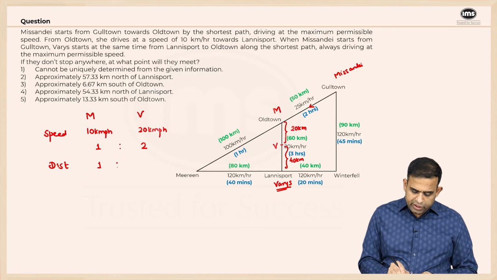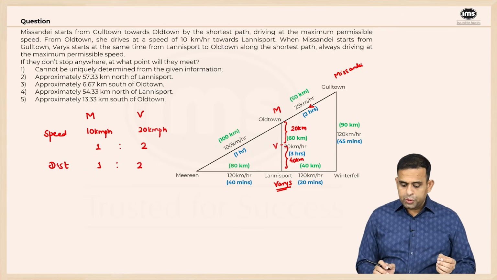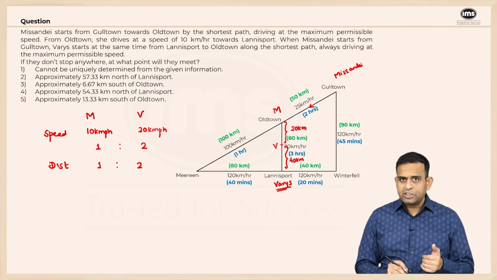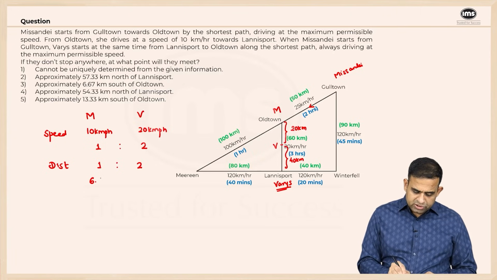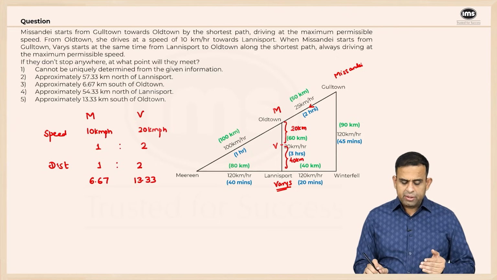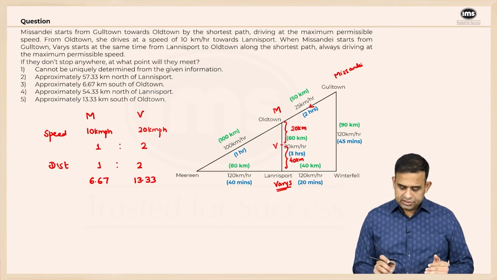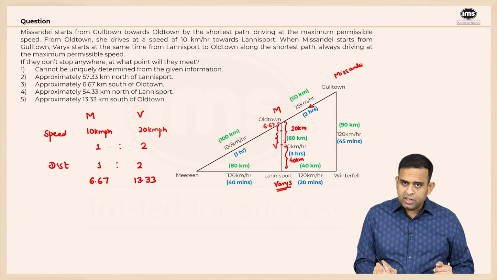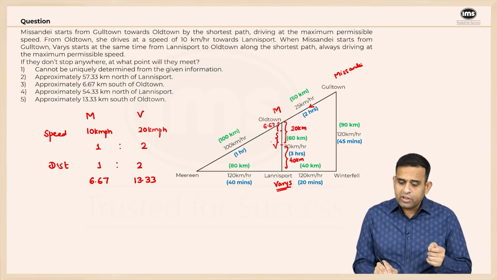They also are going to be in the ratio of 1:2. But together they cover 20. So if I split that 20 in the ratio of 1:2, that will become 6.67 and 13.33. So Missandei will cover roughly 6.67, and Varys will cover 13.33 out of that 20.